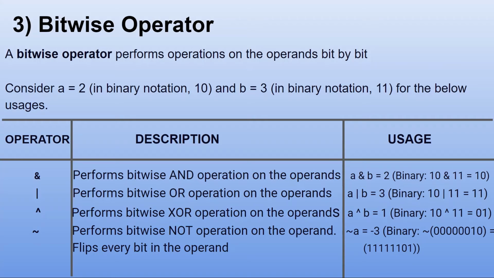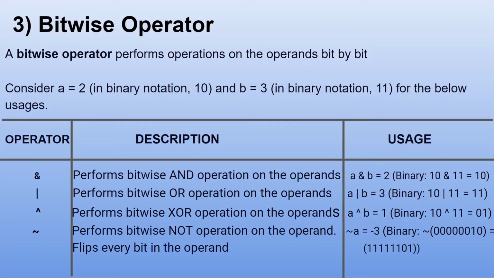First we have the AND sign, and the description says it performs bitwise AND operation on the operands. When I consider A as 2 and B as 3, A AND B equals 2. The binary numbers 10 AND 11 give us 10.